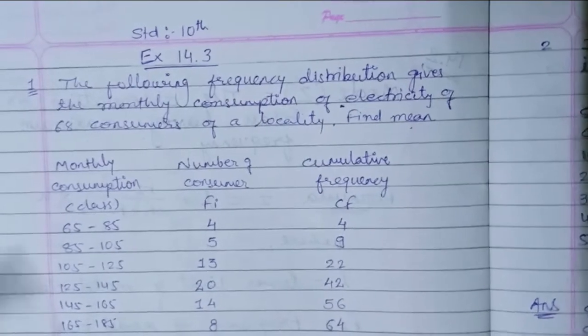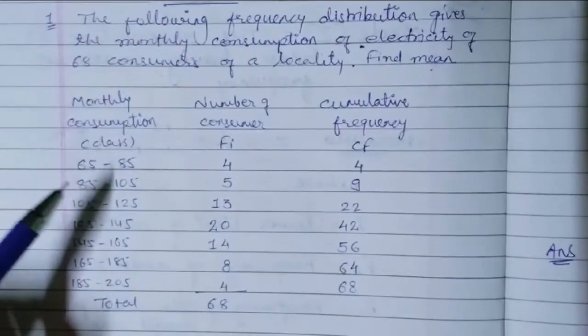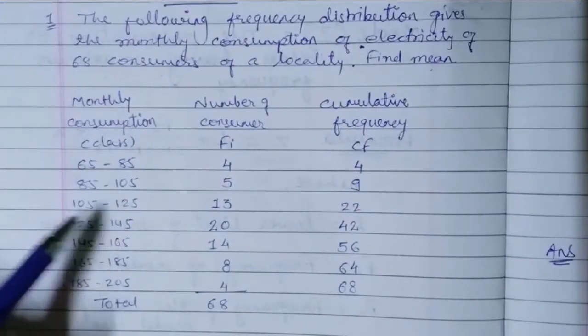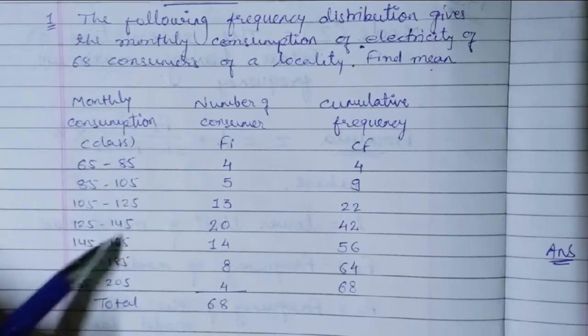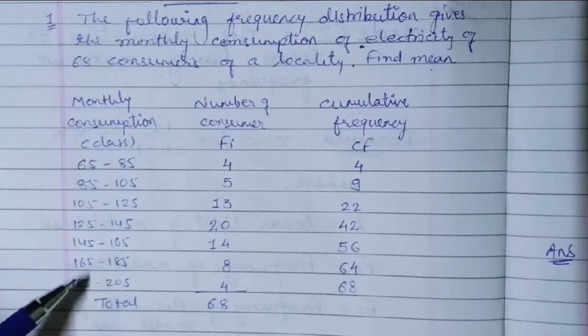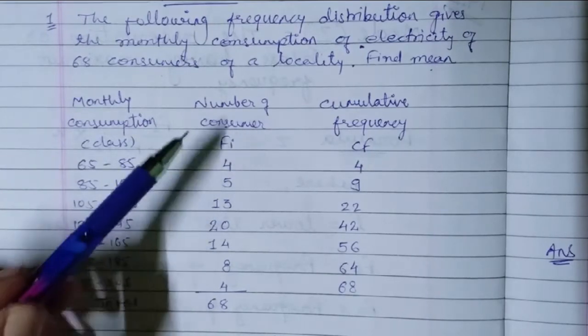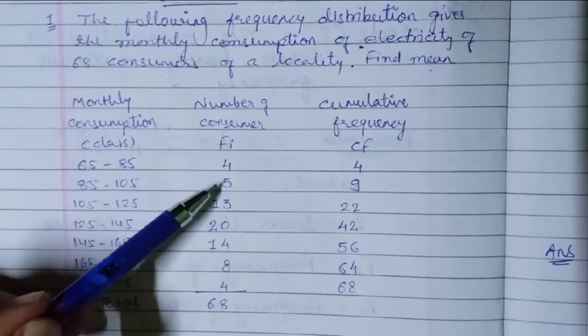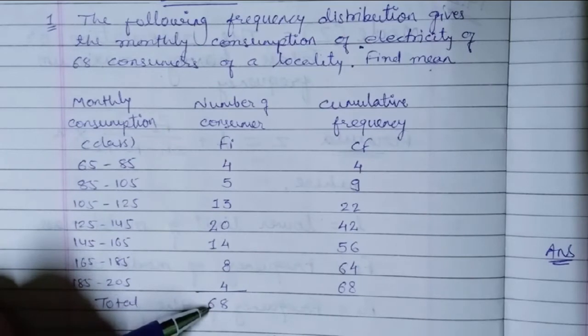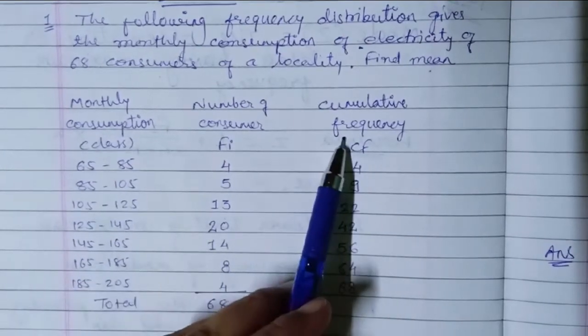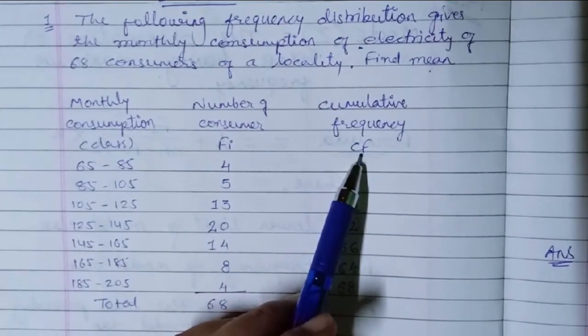So this is our question. The classes are 65 to 85, 85 to 105, 105 to 125, 125 to 145, 145 to 165, 165 to 185, 185 to 205. Now our fi is equal to 4, 5, 13, 20, 14, 8, 4 and sigma fi is equal to 68. Now we will understand the cumulative frequency.